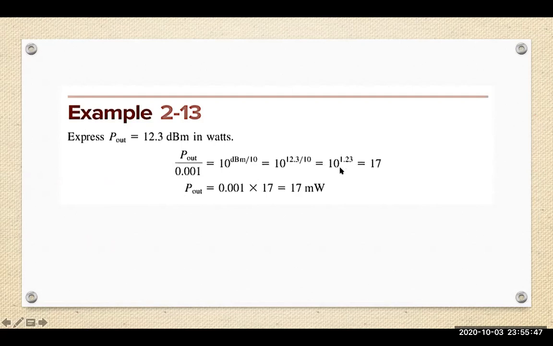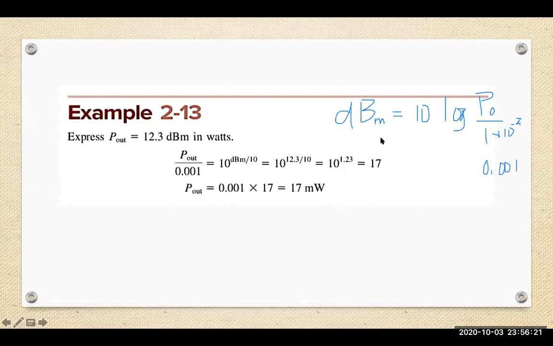Let me write it so that you can see what I meant. Remember that the dBm unit is equal to, since we're talking about power, 10 log of the output power over the reference, which is 1 milliwatt, or 1 times 10 raised to minus 3, or in decimals, 0.001.